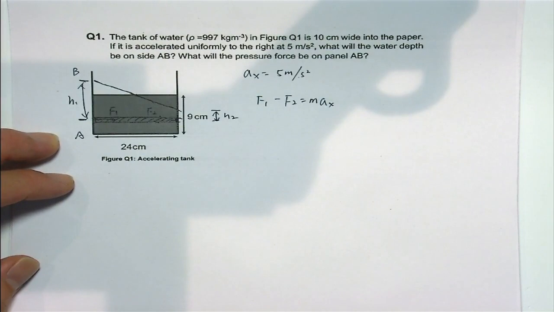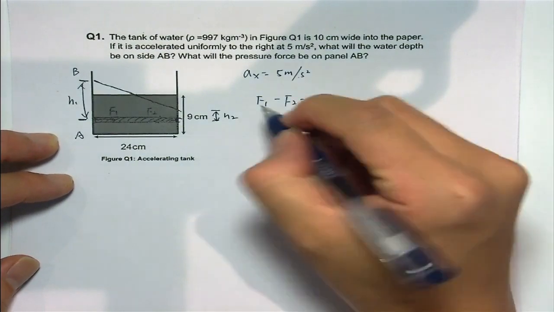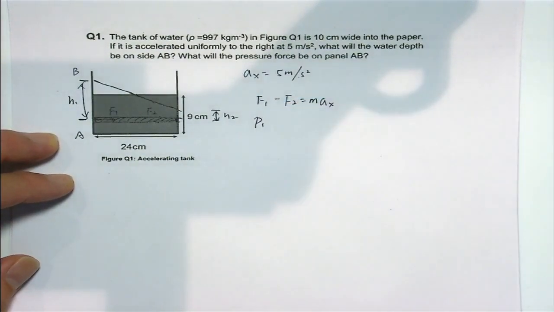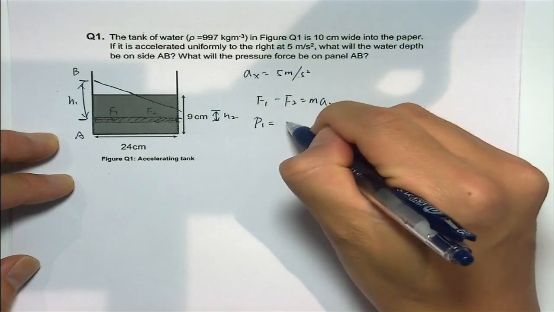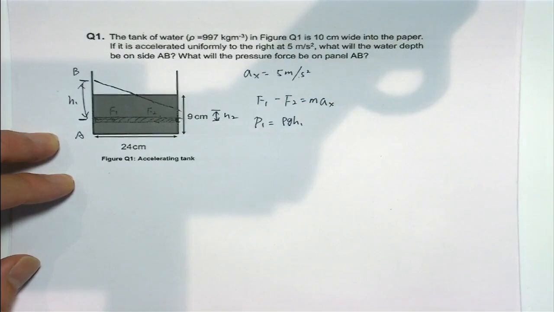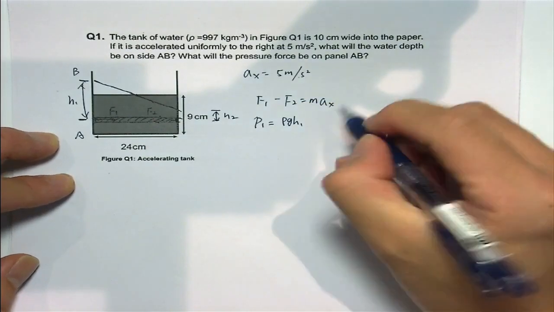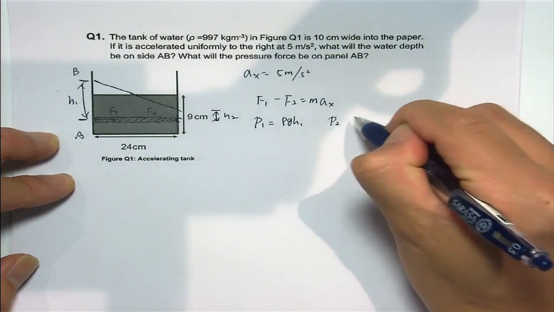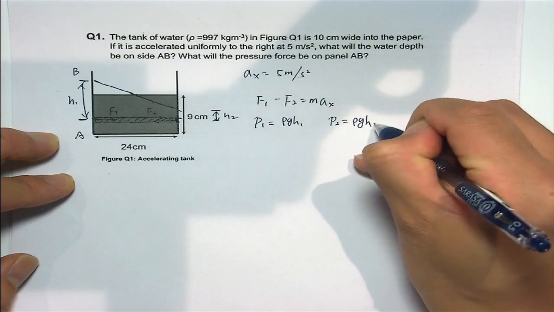So how about the pressure? The pressure on the left, P1, is rho g h1. And the pressure on the right, P2, is rho g h2.